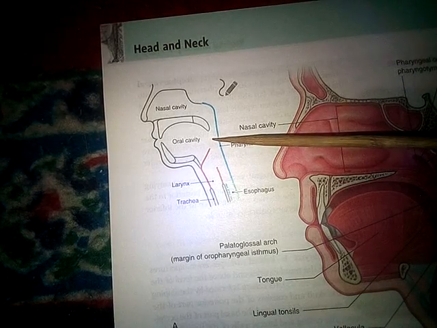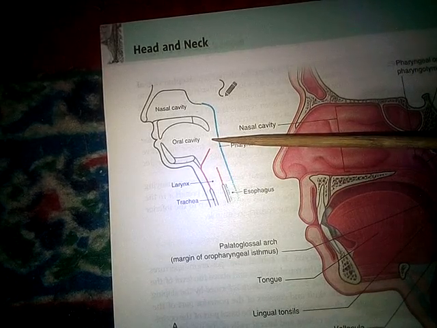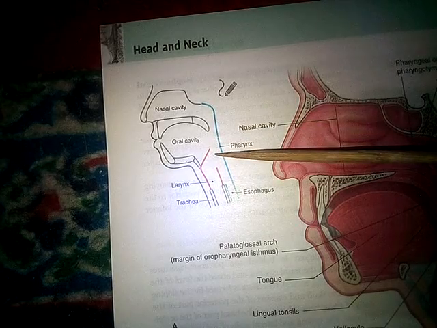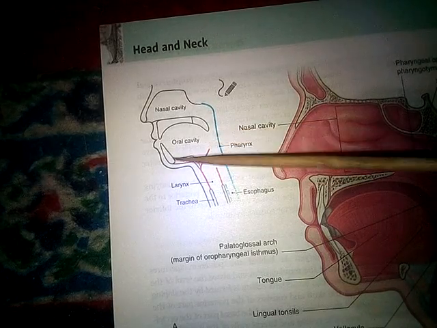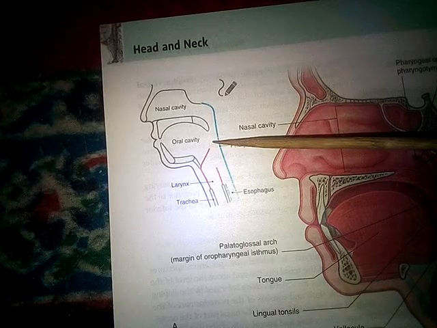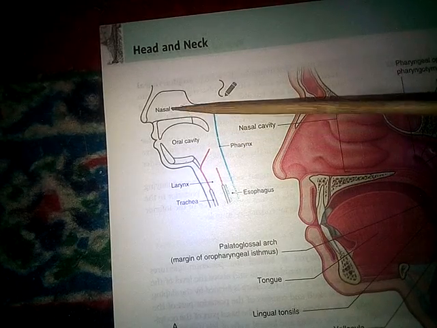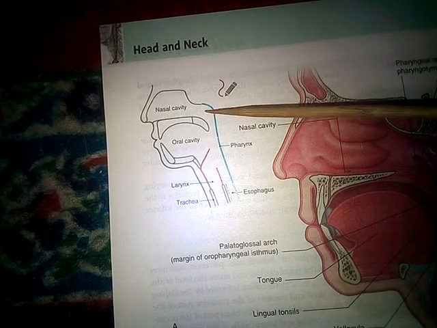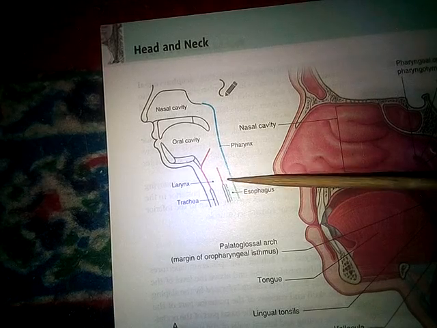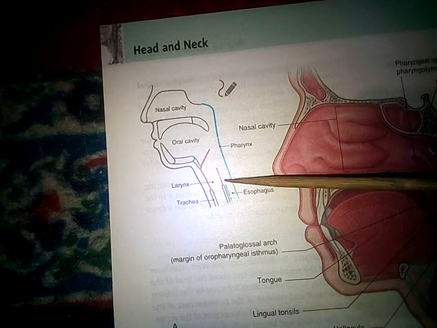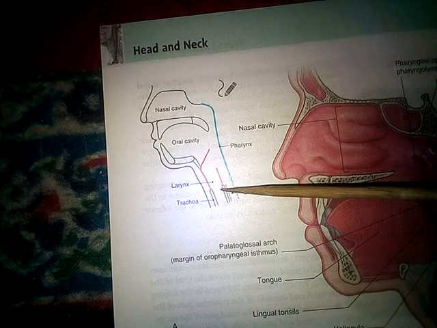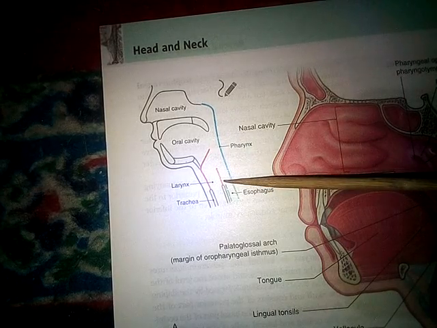What is oropharynx and what is pharynx? Pharynx is halak, and the part of the pharynx which is present behind the oral cavity is called oropharynx. The part of the pharynx which is present behind the nasal cavity is called nasopharynx, and the part of the pharynx or halak behind the larynx is called laryngopharynx.